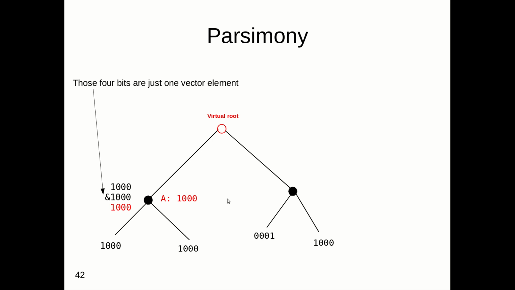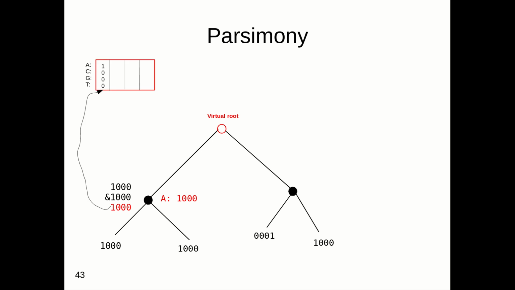And so those 4 bits are just like one vector element, right? So this should be clear. And so the way we can think about this is that our alignment has 4 states overall, and so the entry of the vector here is 1, 0, 0, 0.